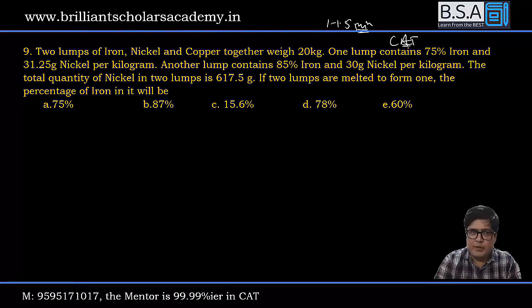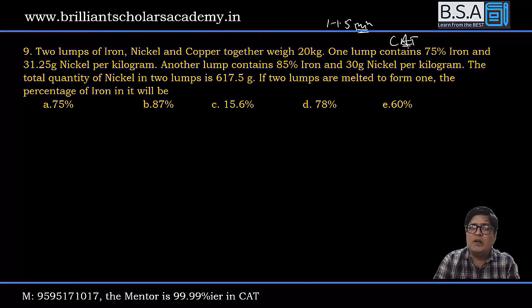Two lumps of iron, nickel, copper together weigh 20 kilograms. One lump contains 75% iron and 31.25 grams nickel per kilogram. Another lump contains 85% iron and 30 grams of nickel per kilogram.